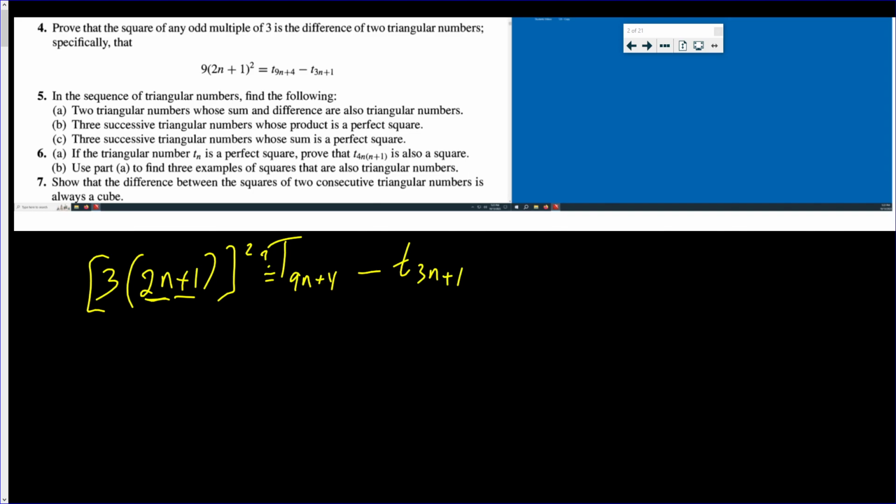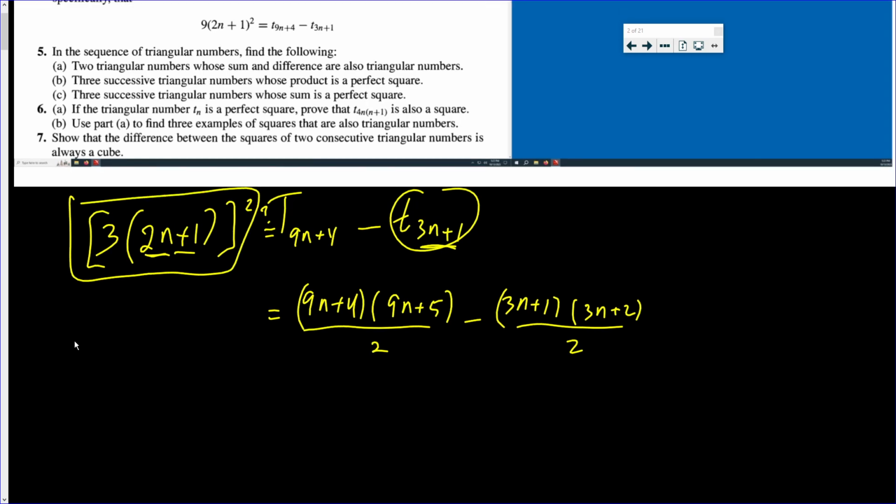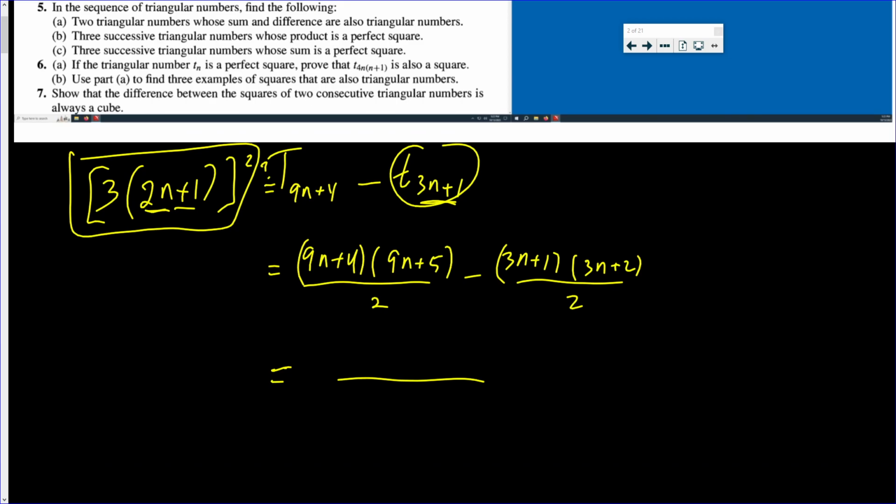Well, t sub 9n plus 4 is 9n plus 4 times 1 more all over 2, minus t sub 3n plus 1, which is 3n plus 1 times 1 more all over 2. Question is, does that equal this? Well, everything's over 2.